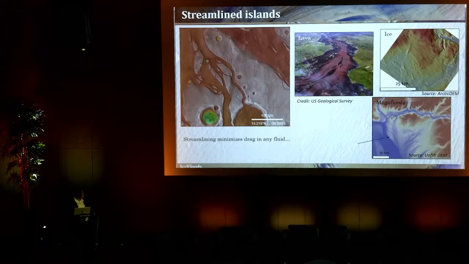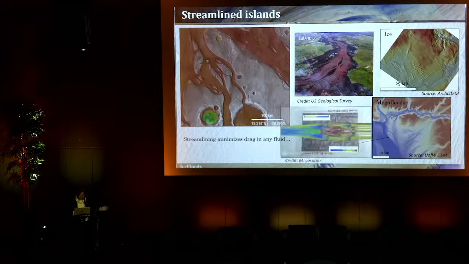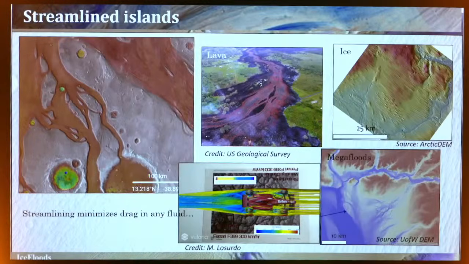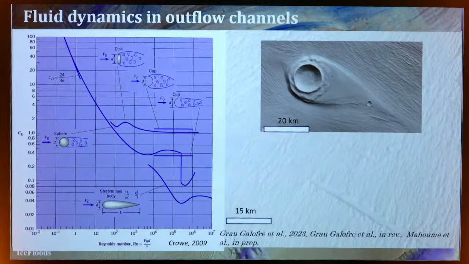These examples are showing lava streamline islands and ice streamline islands, and at the bottom right, of course, those are megaflood streamline islands. And this is a streamline Ferrari. So it's really this idea that it's the shape that minimizes the drag. So once again, equifinality. One landform is not necessarily conducive to one given hypothesis in geomorphology.